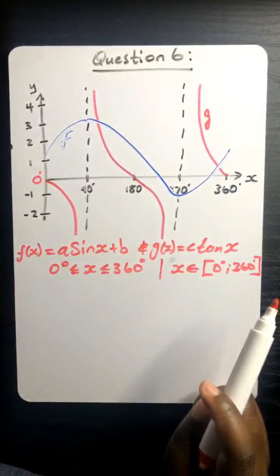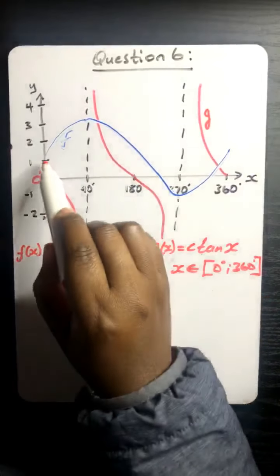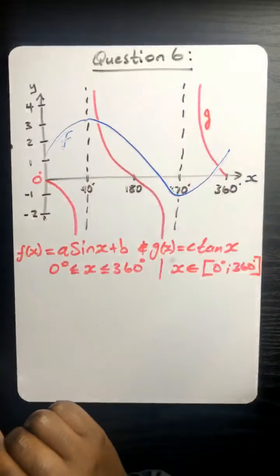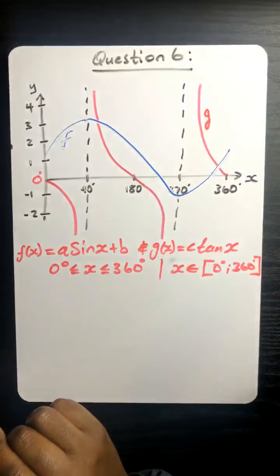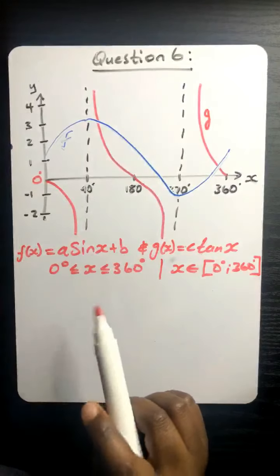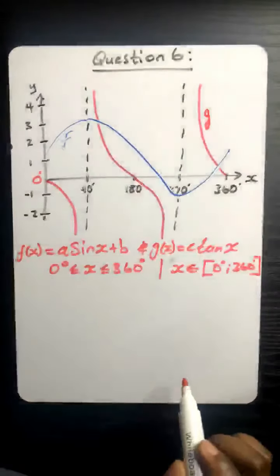I hope you are able to notice that this function f, the sine one, has been shifted by some units upwards. How do I see that it has been shifted?